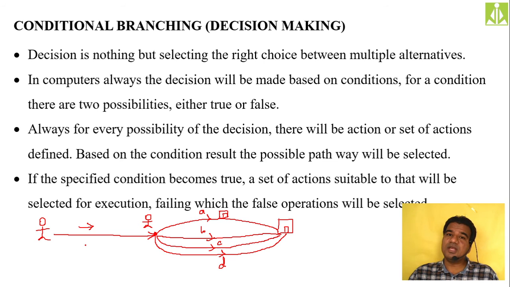Because you thought of meeting your friend, because that is the condition which is matching at this point. So you are going on path A, and by going on path A you are skipping path B, path C, path D. You are not selecting these, you are simply skipping.